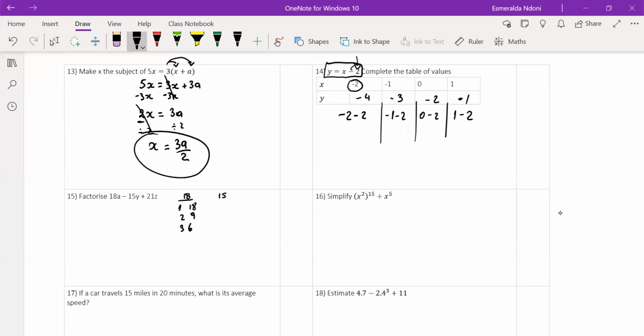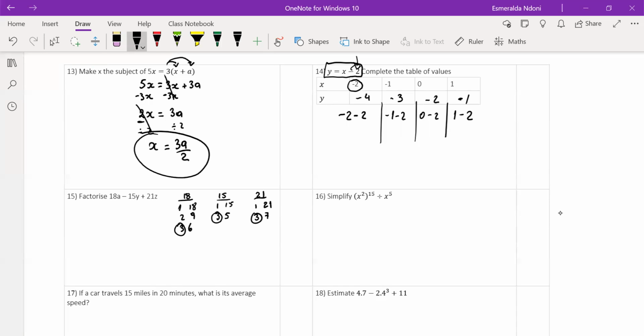And I figure out the 15, 1 and 15, 3 and 5, and that's it. And for 21, 1 and 21, 3 and 7. Remember that factors always go in pairs. So I will need to look for a number that appears in all of them, and that number is 3.